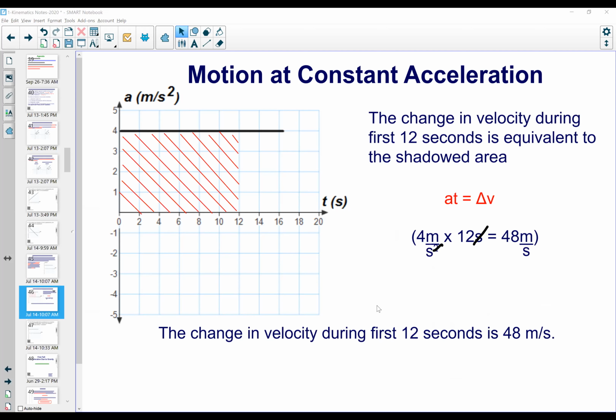So what does that 48 meters per second mean? Someone put that into words for me. If that's my answer, what is the meaning of that 48 meters per second?